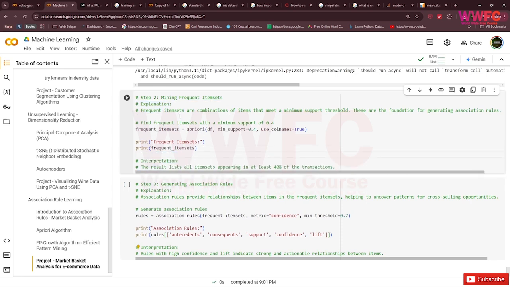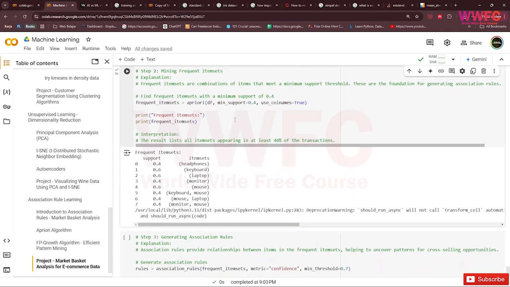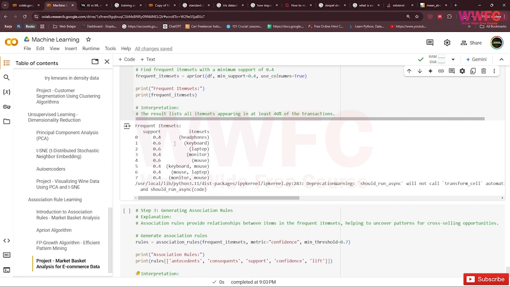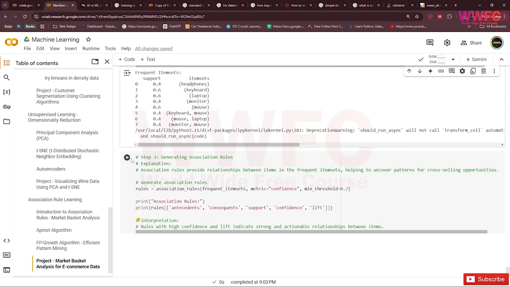Frequent item sets are combinations of items that meet a minimum support threshold. These are the foundation of generating association rules. So we want to check a minimum support of 40%. For example, people buy keyboard and mouse, and support is 40%, and mouse and laptop, and monitor and mouse.